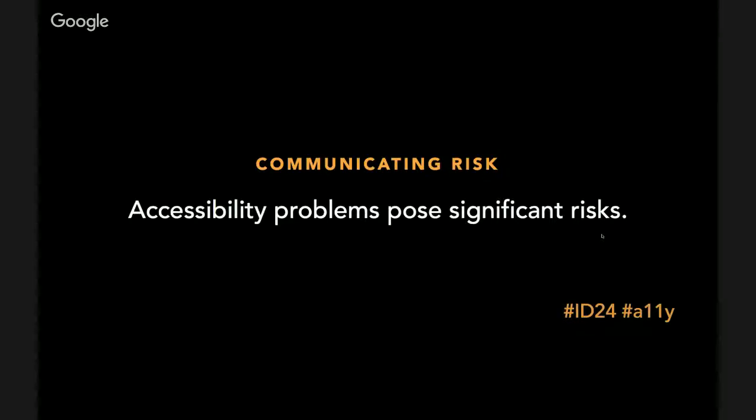Making sure that those executive stakeholders are also on board with accessibility is a role that PMs can play.